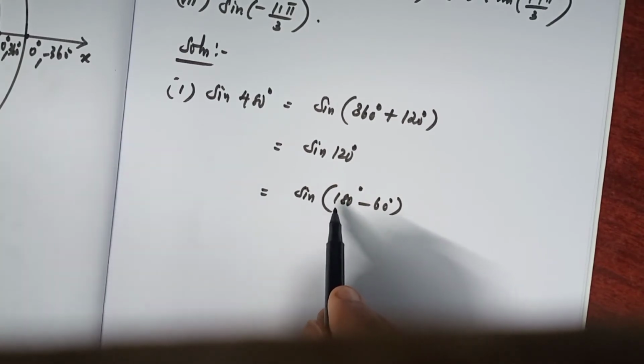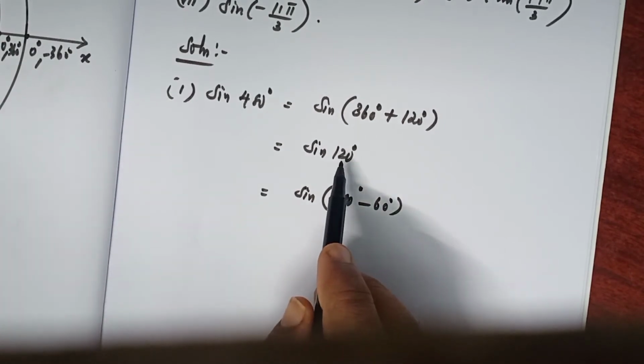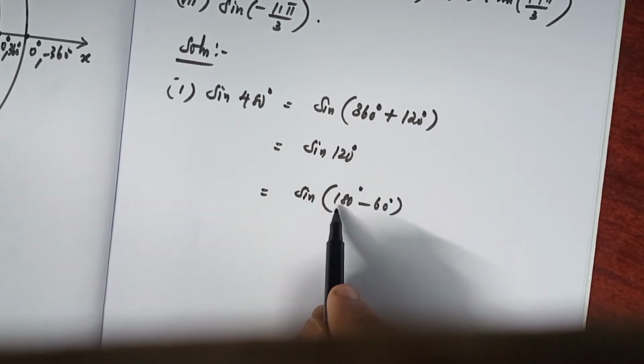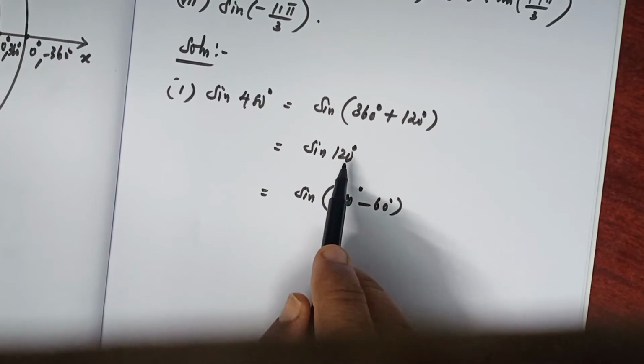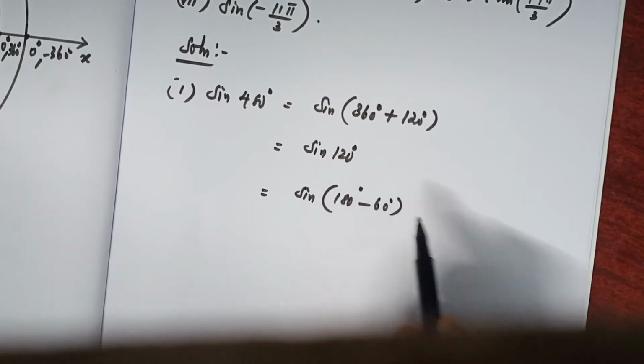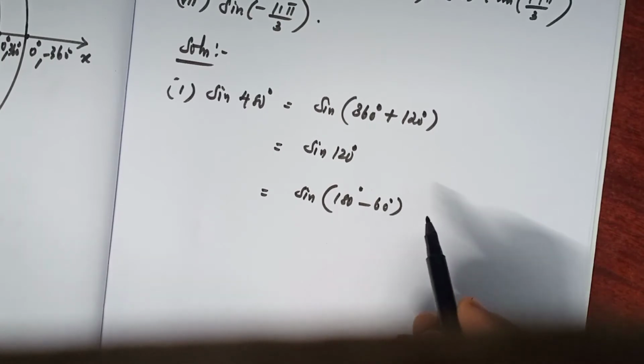It should be a multiple of 90 degree only, always. Remember, don't write 120 degrees as 100 plus 20. 100 plus 20 is also 120 degree only. The first angle you are writing here should be a multiple of 90 only, always, right? So you can write 90 plus 30, which is 120, or 180 minus 60. I have taken 180 minus 60.